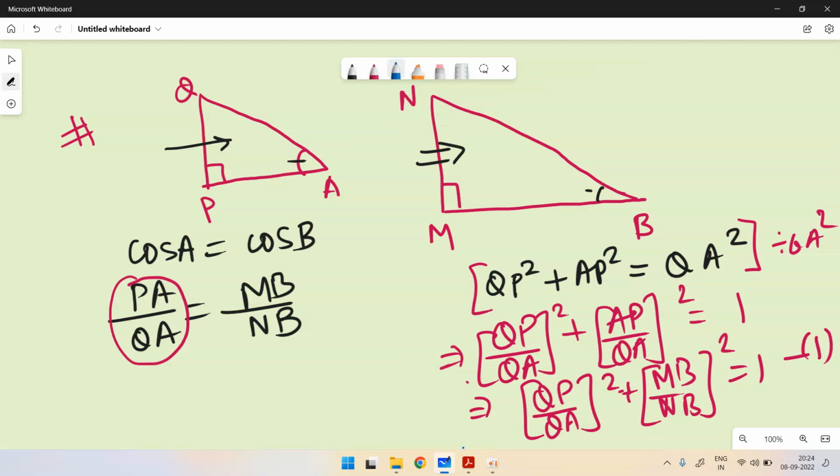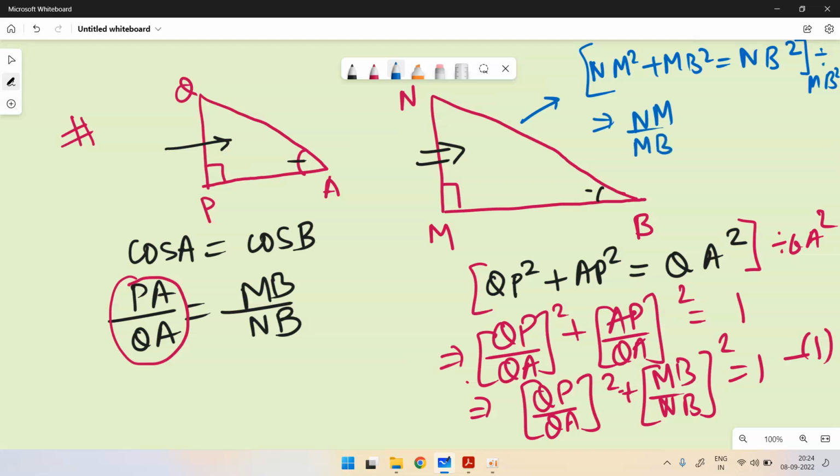Now from this triangle you can see that NM square plus MB square equals NB square, Pythagoras theorem. Now I am dividing this whole equation by NB square, which implies NM by NB whole square plus MB by NB whole square equals 1.